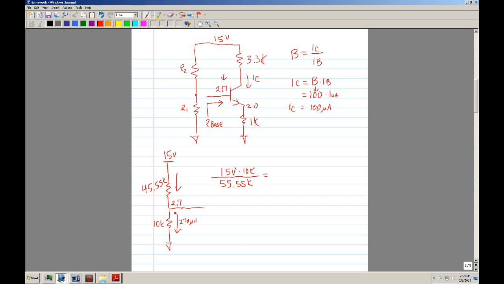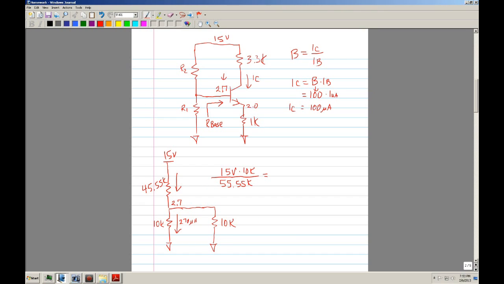You can do this, and this would probably work. But remember, this thing goes connected right there. And this, looking this way into the base, that looks like a resistor. Would that be 2.7 if that was 10K?